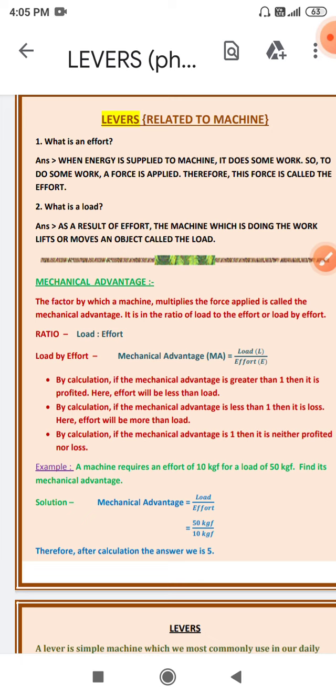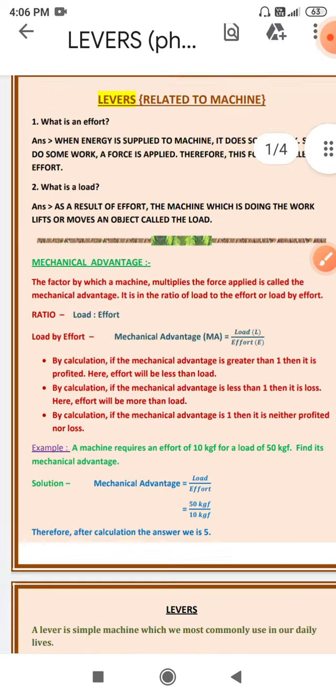Whenever we are doing work on a machine, the output and input may differ: one can be greater than the other, one can be less than the other, or they can be equal, meaning load equals effort. So we can relate like this.